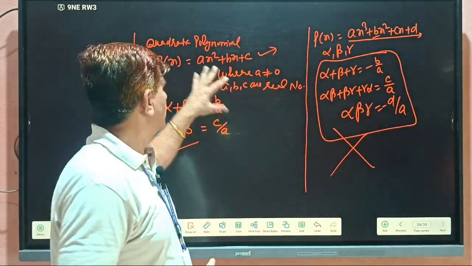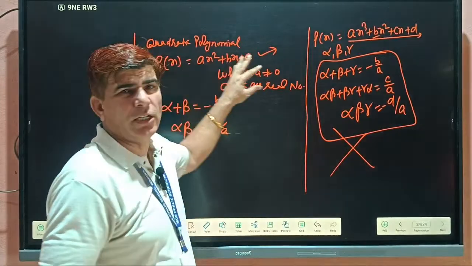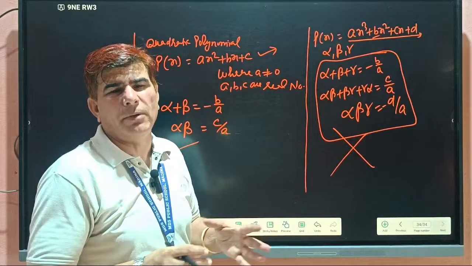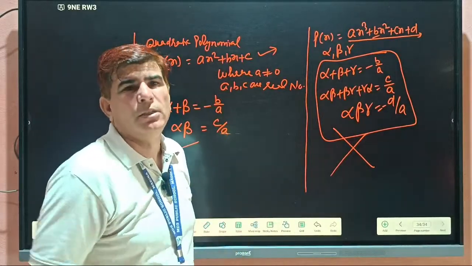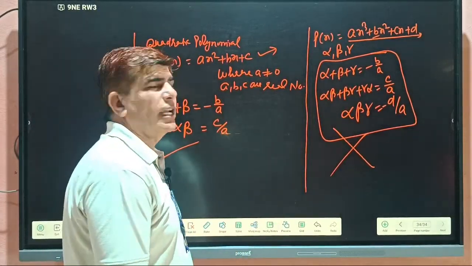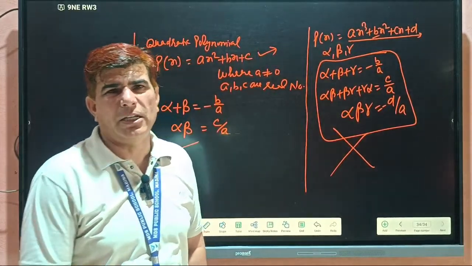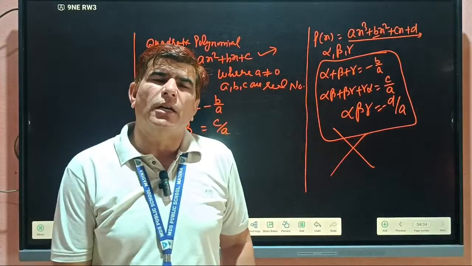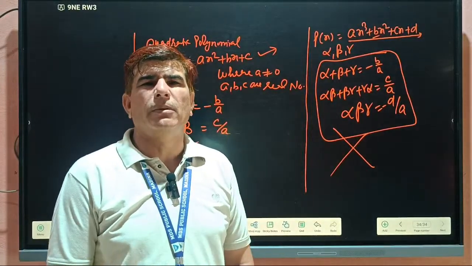Understood? And the definition of polynomial you know. Before polynomial, you know what is a variable, what is a constant, and what is an algebraic expression. An algebraic expression is where constants and variables are connected by the 4 basic operations of mathematics.